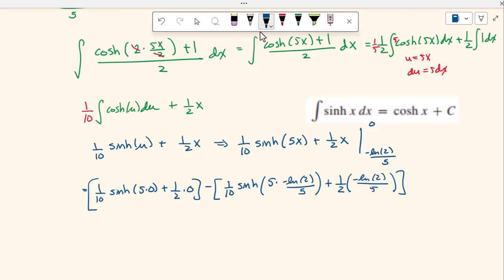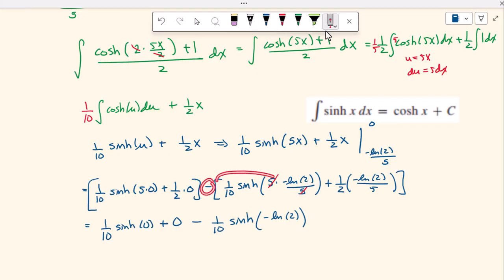Let's go ahead and simplify. So I have 1/10 sinh of 0 plus 0 minus 1/10 sinh, the 5's cancel here, of minus ln of 2. Okay, now let's double check our negative went here.